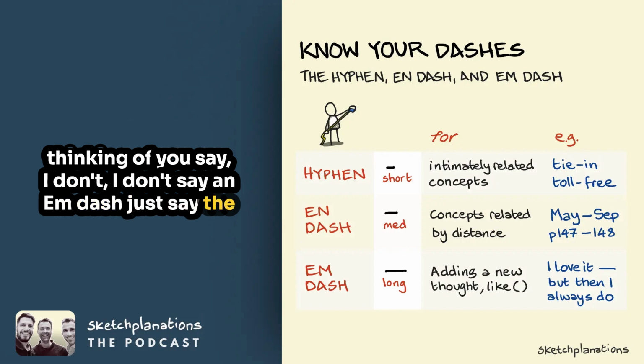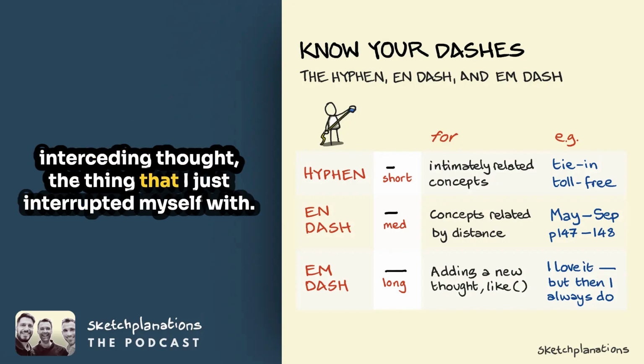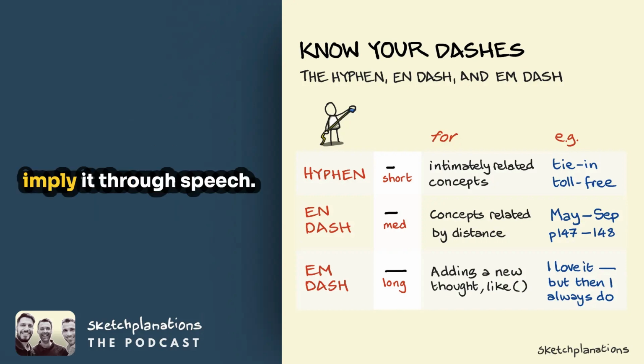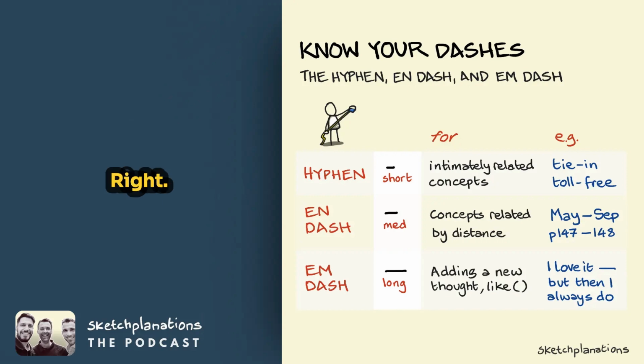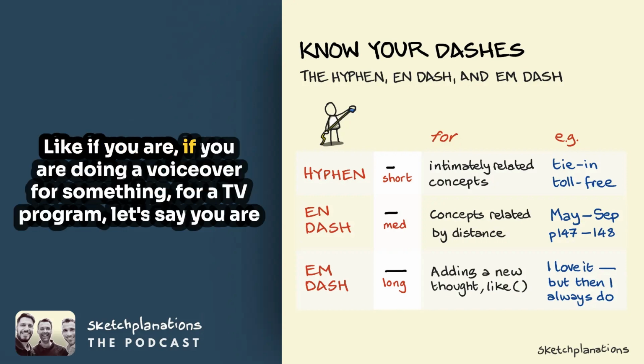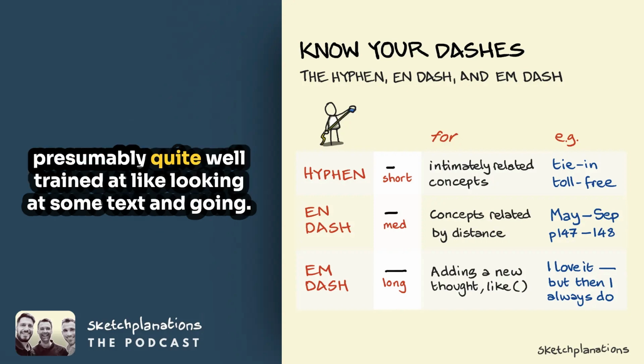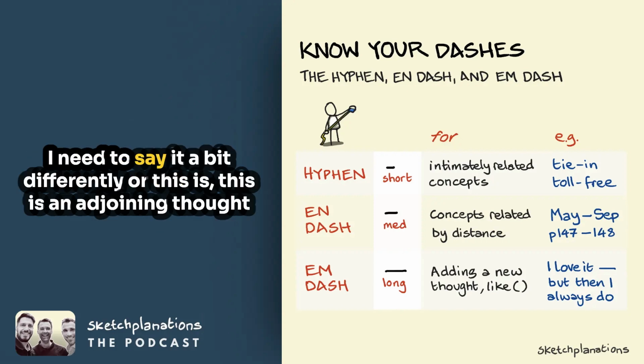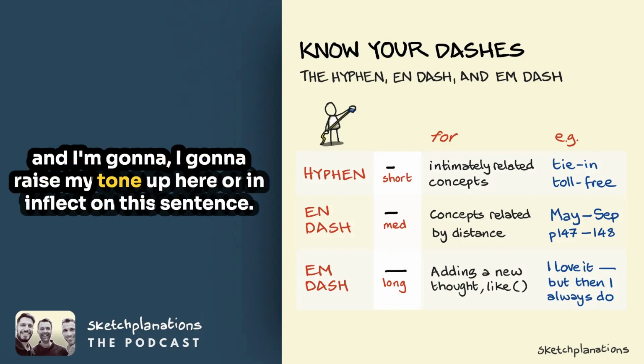I just say the interceding thought, the thing that I just interrupted myself with. You imply it through speech, right? But how do you do that? If you're doing a voiceover for a TV program, let's say, you are presumably quite well trained at looking at some text and going, oh, this one I need to say a bit differently, or this is an adjoining thought, and I'm going to raise my tone up here or inflect on this sentence.